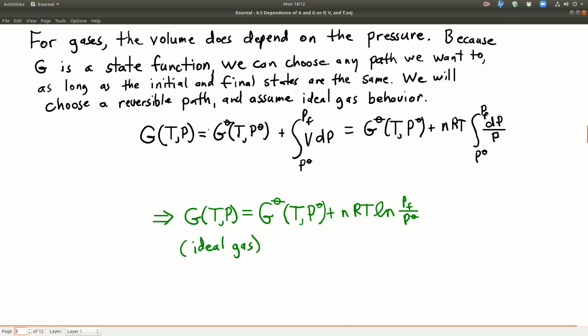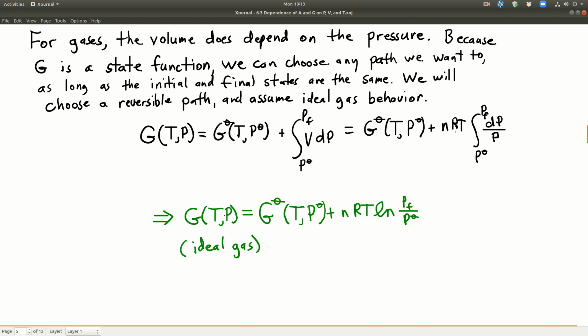Starting from the same point, the Gibbs energy at temperature T and some pressure is equal to the Gibbs energy under standard states plus the integral of V dP. Now for an ideal gas, V equals nRT over P, so we substitute nRT over P for V, and now we can integrate over the pressure.